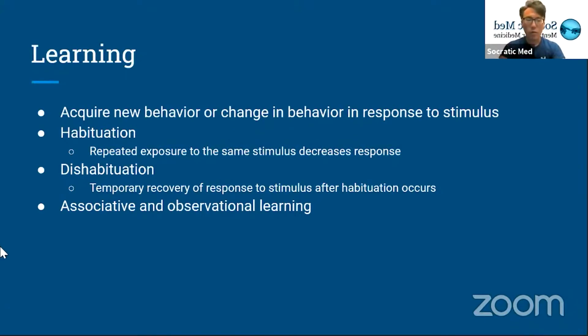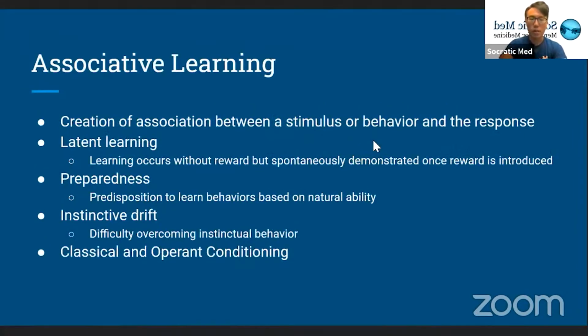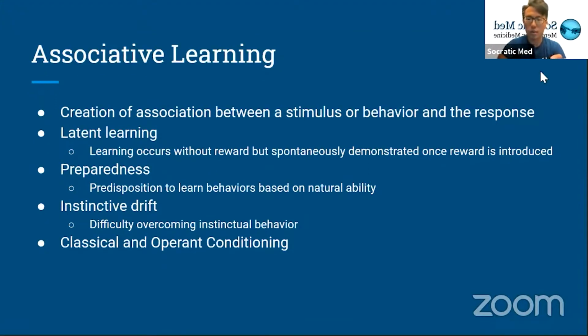I'm going to go over two different types of learning: associative learning and observational learning. First, associative learning. That's when you create an association between a stimulus or a behavior and a particular response to the stimulus. There's a type of learning called latent learning.